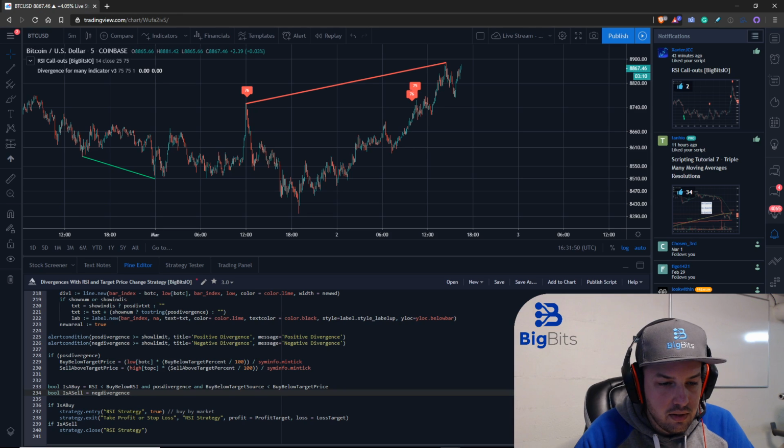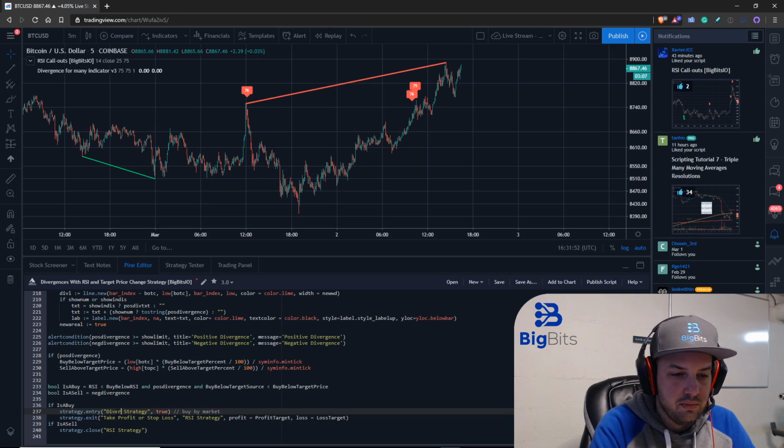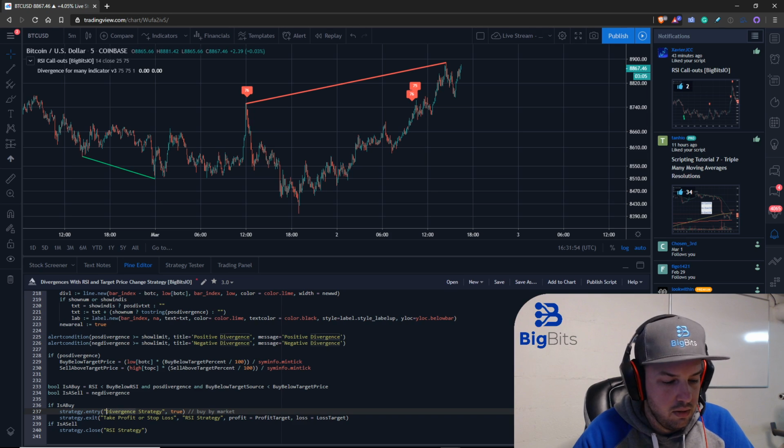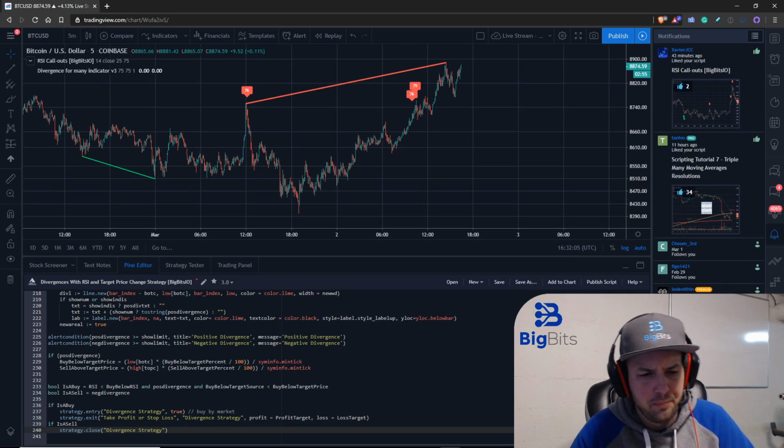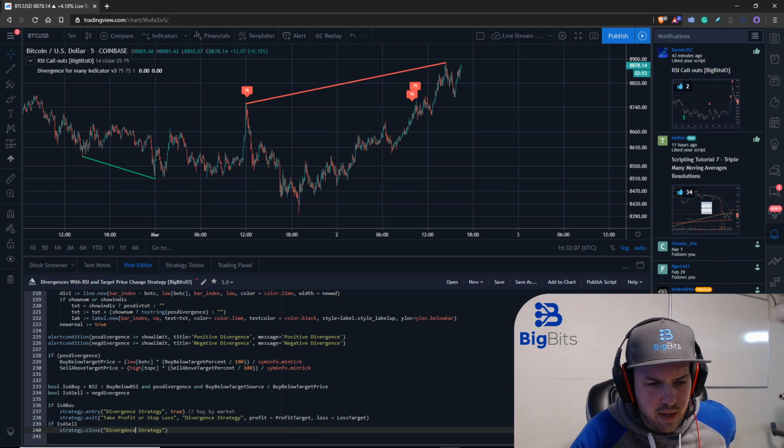Let's change some names around here. And before we set up the strategy to actually work, we'll have everything named, hopefully correctly. Okay. So if we have a buy, we're going to enter, it's going to be called divergence strategy.